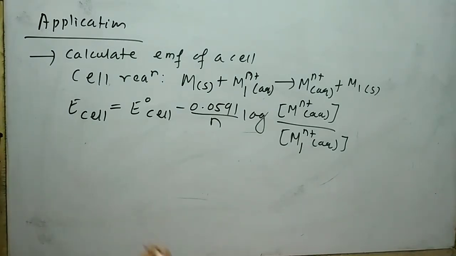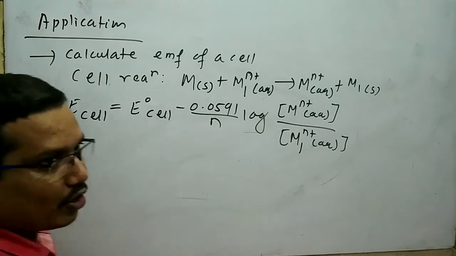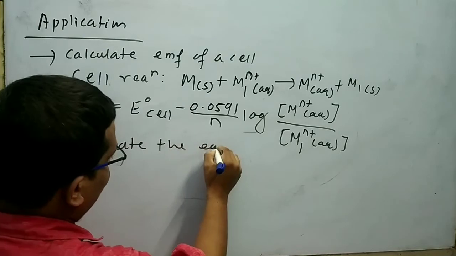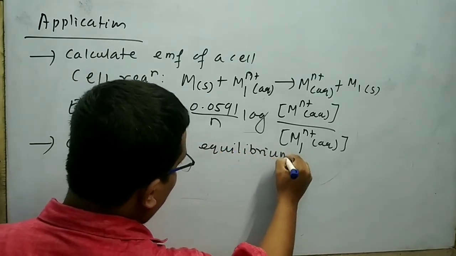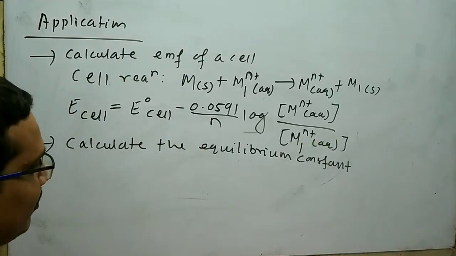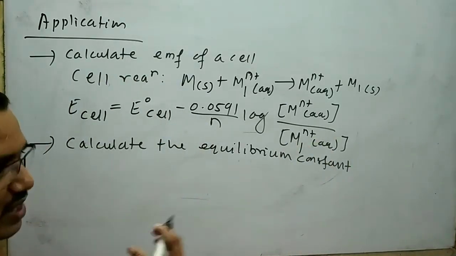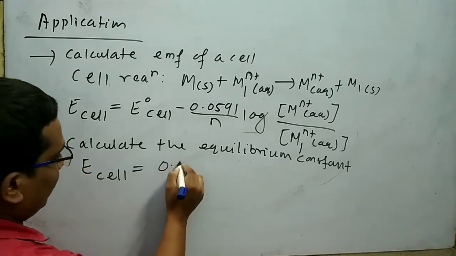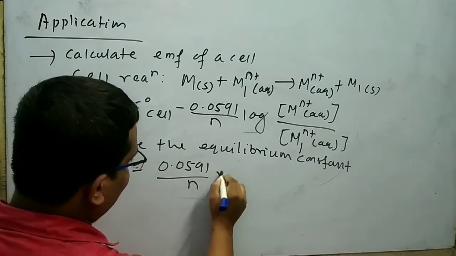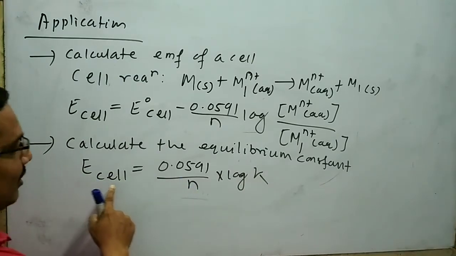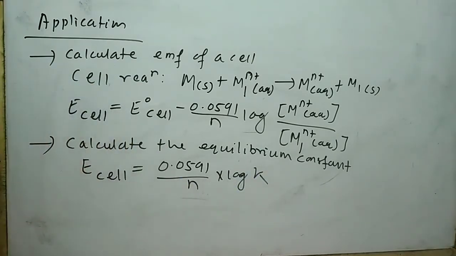The second application is that with the help of the Nernst equation we can calculate the equilibrium constant. For this calculation we use an equation derived from the Nernst equation, that is E0 cell equals 0.0591 divided by n into log of K. Now put the values of n and E0 cell, then I can find the value of K, that is your equilibrium constant.